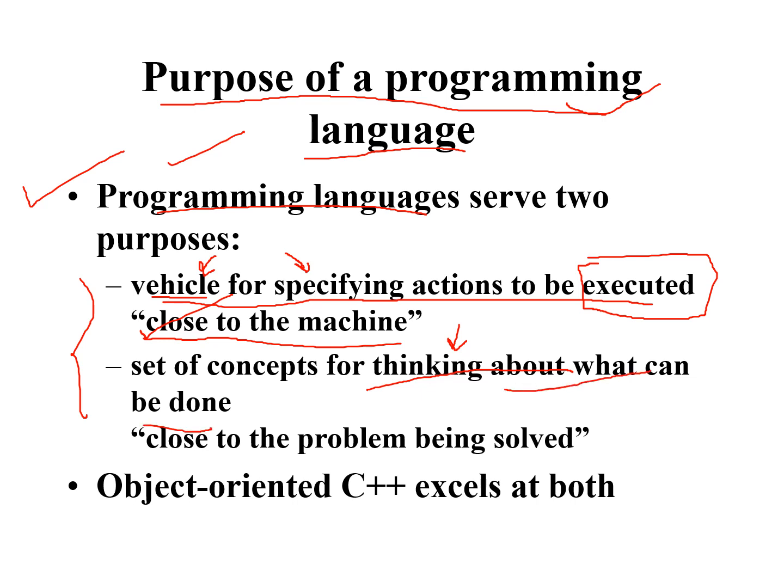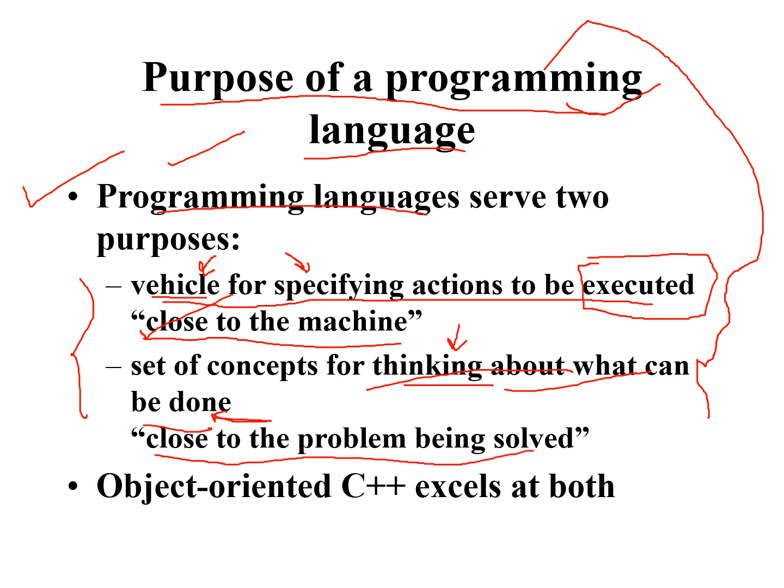Sometimes we might be wondering what should be done here, how it can be done here. So these programming languages just assist us with the set of concepts in thinking about what can be done next. And therefore this phrase has been written: close to the problems being solved. It is comparatively closer to the problems being solved.